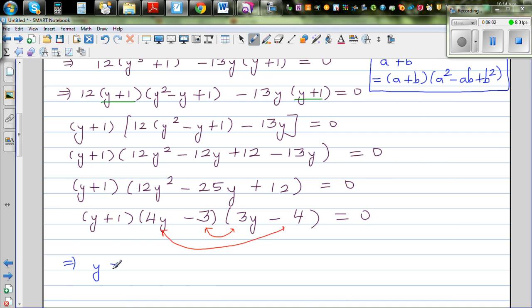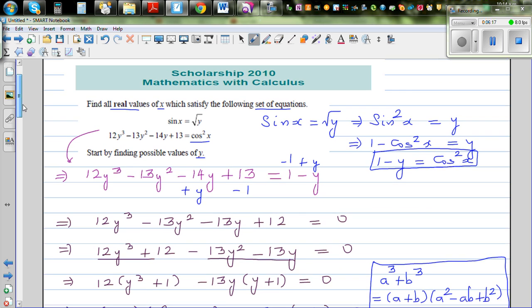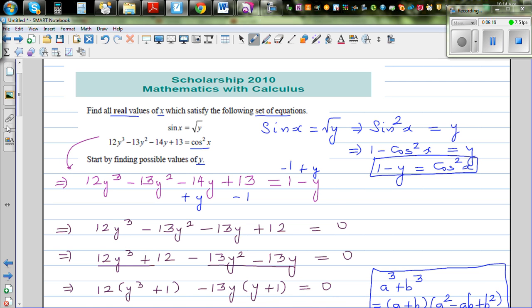y is equal to minus 1, y is equal to 3/4, and y is equal to 4/3. Now what is y? You want to find all the values of x. y is sine squared x.